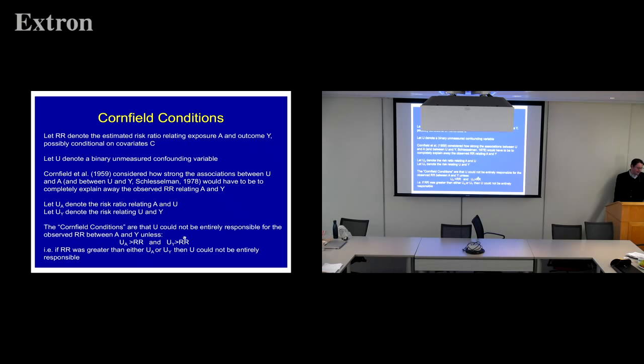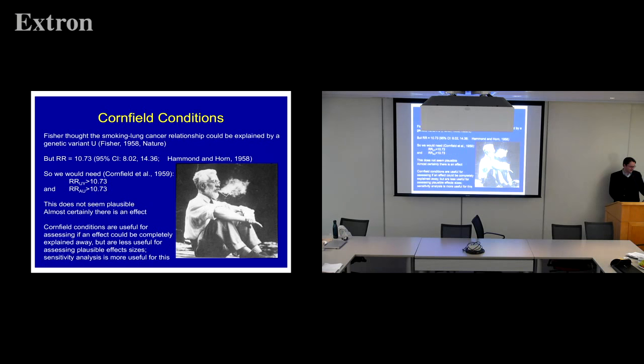So the relationship between both the exposure and the unmeasured confounder would have to be greater than that tenfold increase, and that between the unmeasured confounder and the outcome would also have to be greater than the observed risk ratio, that tenfold increase. So in the context of smoking, that would require pretty substantial confounding.